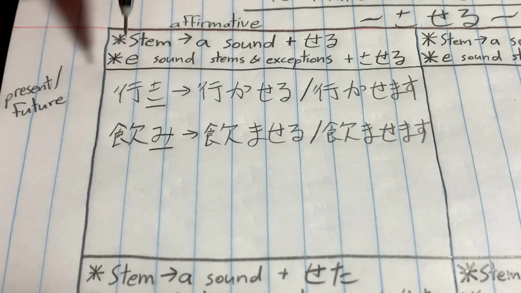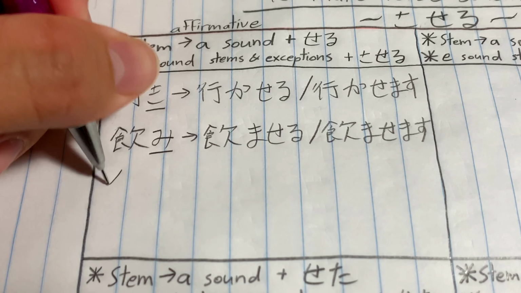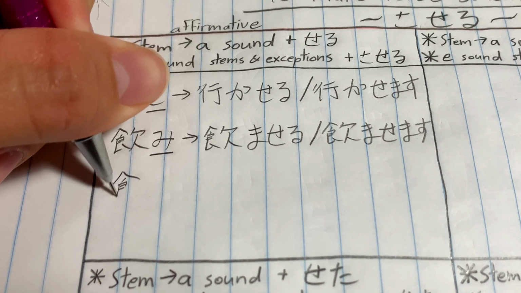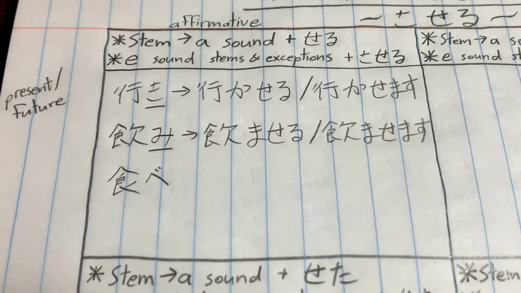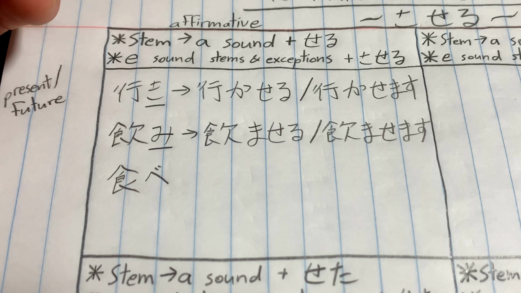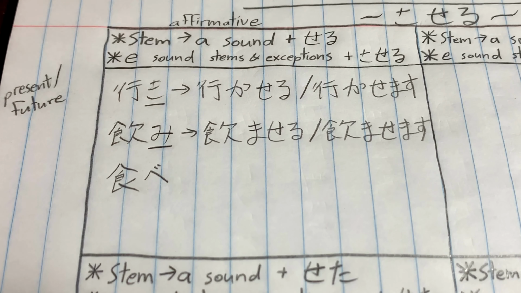We will take our e sound example, and that common example is tabemasu. The be is an e sound, so all we have to do is add saseru here, like what the rule says, or sasemasu depending.